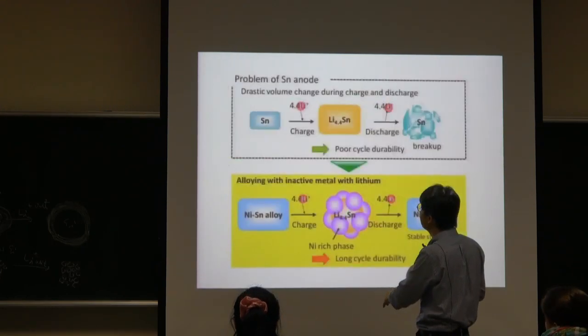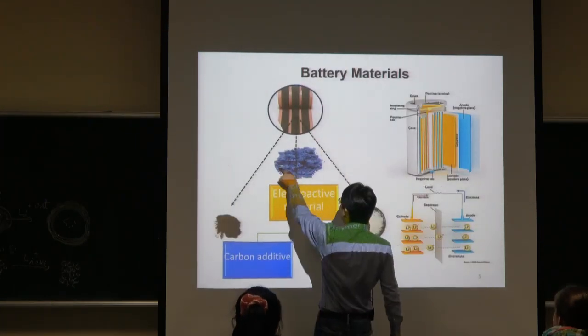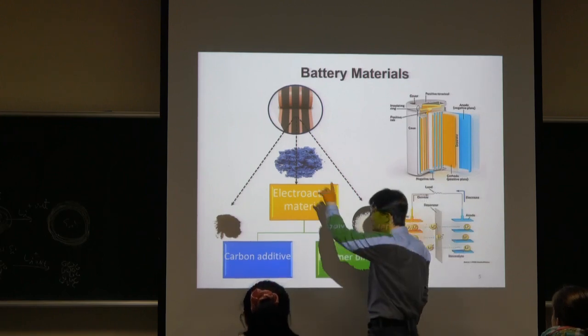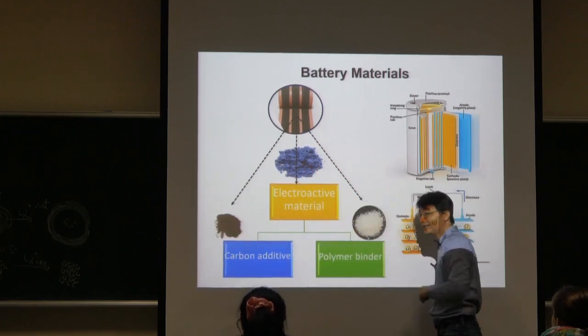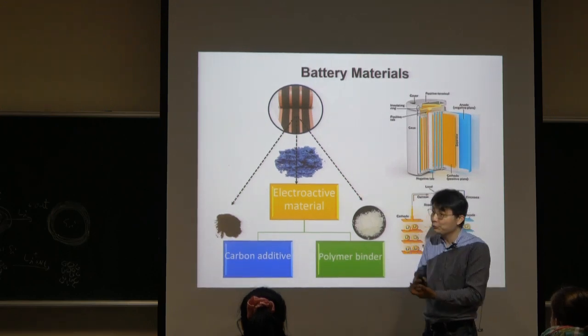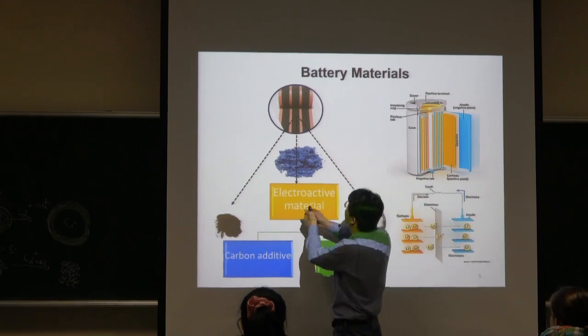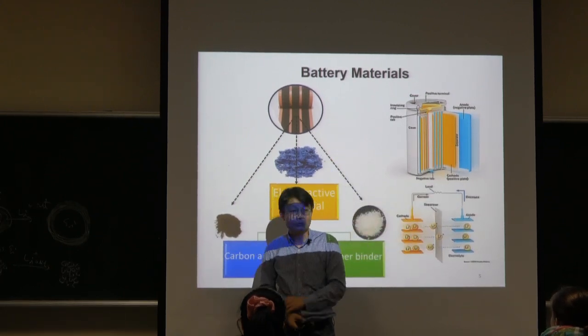Here you have the powder, carbon, and polymer. The polymer is a binder to make everything stick together and become a solution paste, so we can print it on the electrode, roll to roll.